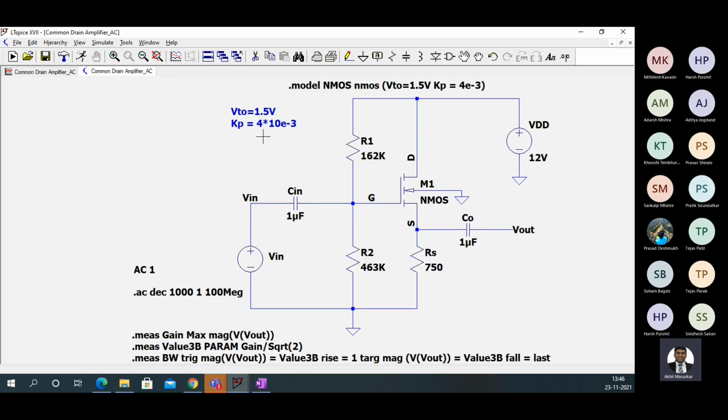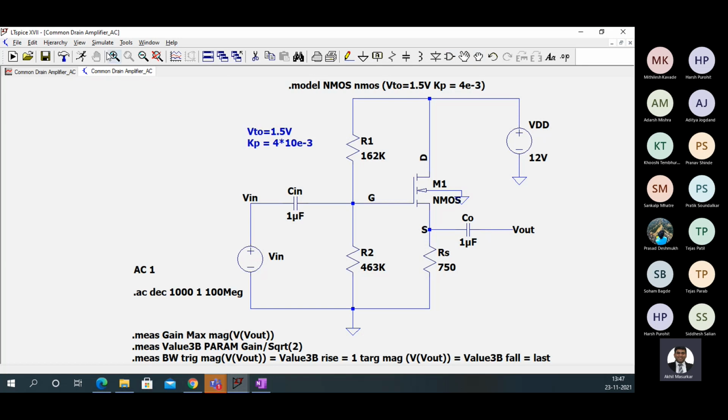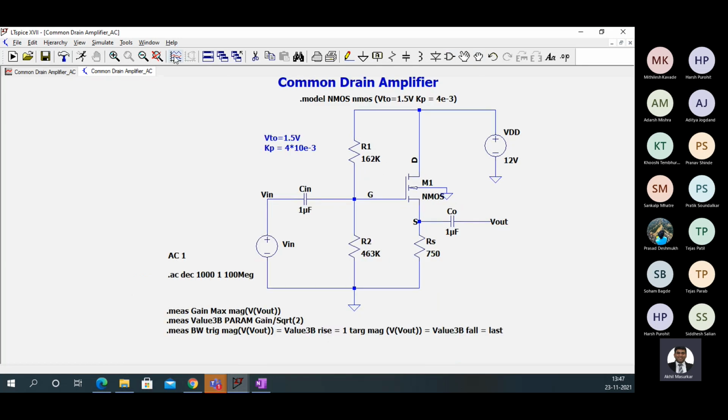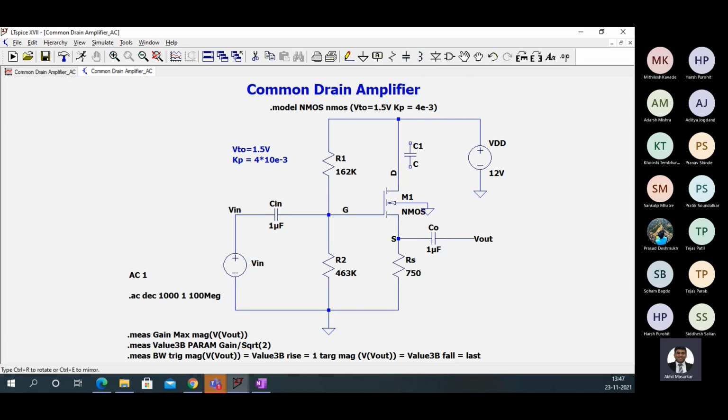Now what we will do is we will add two small parasitic capacitances like this, and here I will make some space for these two small capacitances, and I'm going to join this.